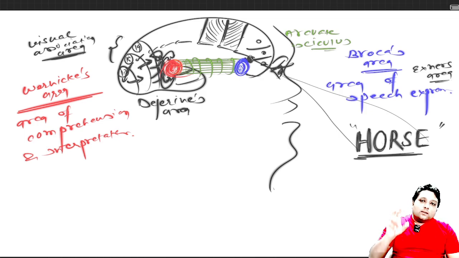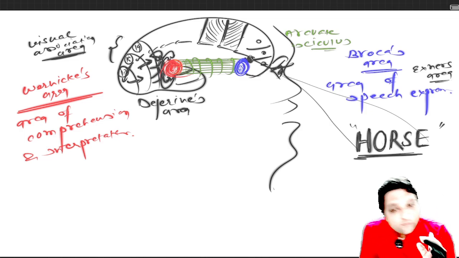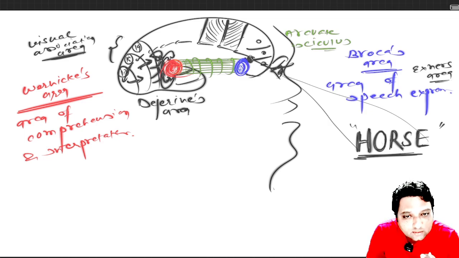Based on past experience and learning, Wernicke's area makes a meaningful image of a horse in your mind. That's why Wernicke's area is called the area of comprehension and interpretation. It is your verbal dictionary of the cerebrum.